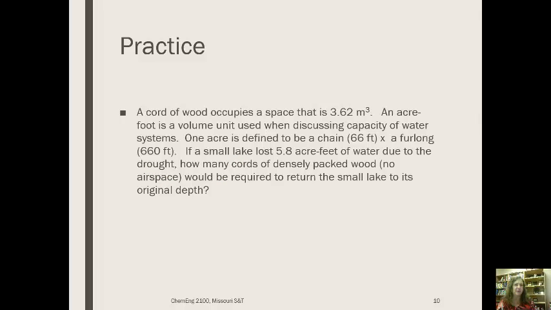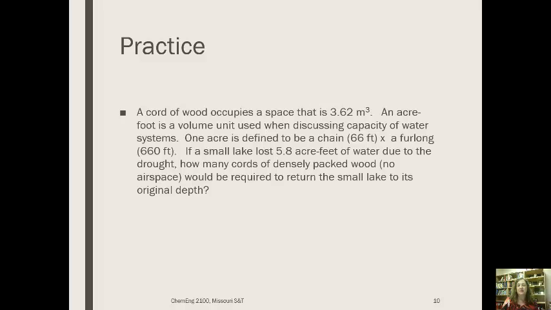My next example, you may want to pause and read this and puzzle over this one for a while. These are indeed standard units in certain niche parts of the economy, but they're not standard units to most of us. A cord of wood is a volume of wood that takes up 3.62 cubic meters.